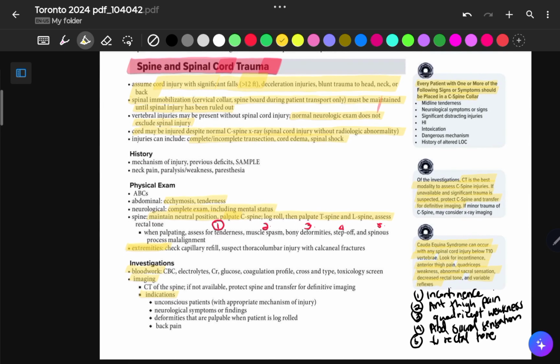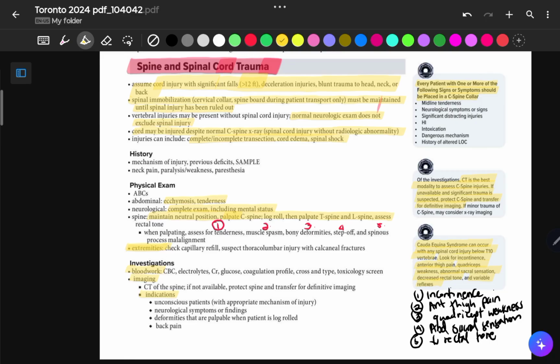And obviously, like for every other system, you want to know the mechanism of injury, and whether they are having any neck pain, paralysis, weakness, paresthesia. You will do your physical exam, your ABCs, abdomen, checking for ecchymosis and tenderness, and a complete neurological exam, including mental status. For the spine, you need to maintain a neutral position and palpate the spine.